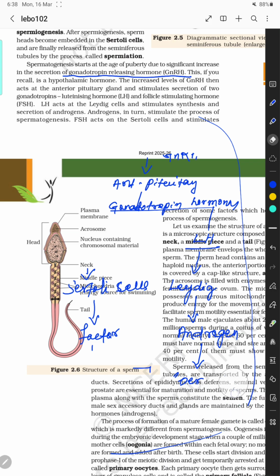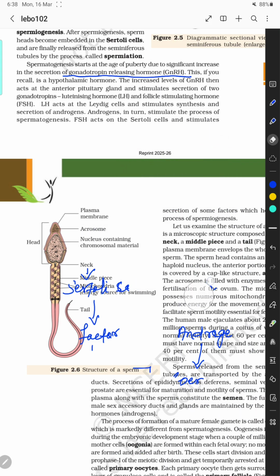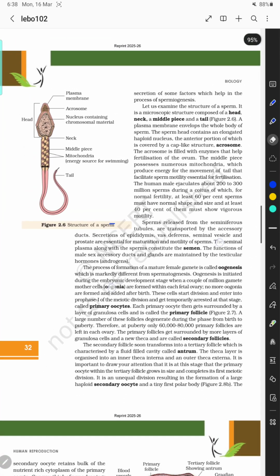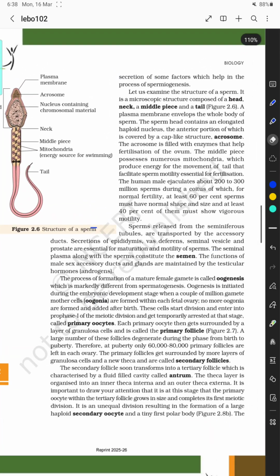Now the sperm has been formed. Let us discuss the structure of sperm. The human sperm is differentiated into three parts: the head, the middle piece and the tail.